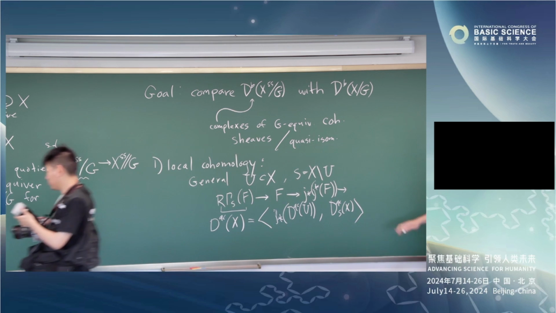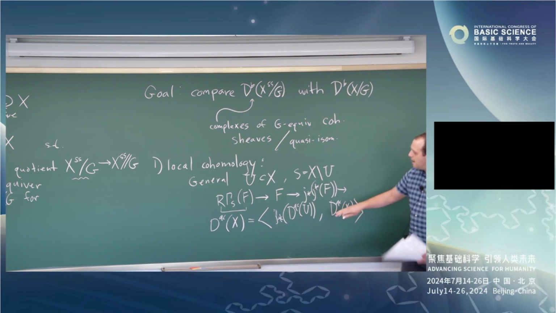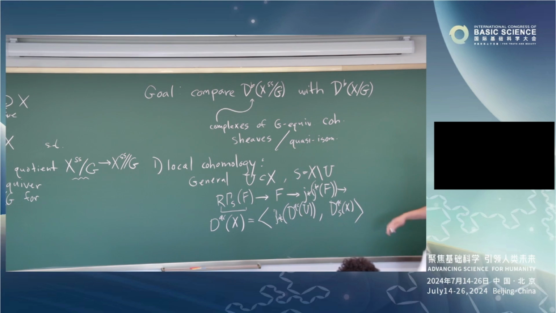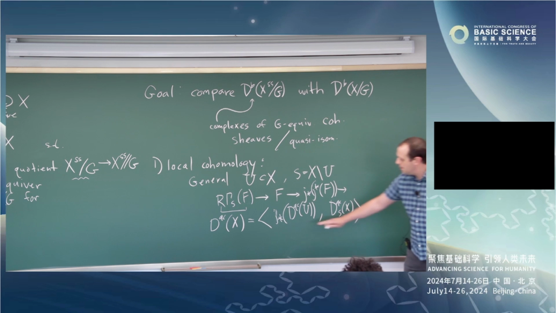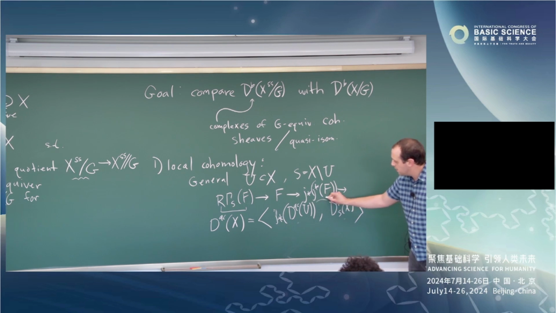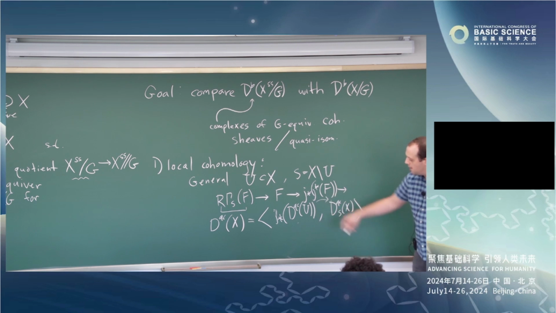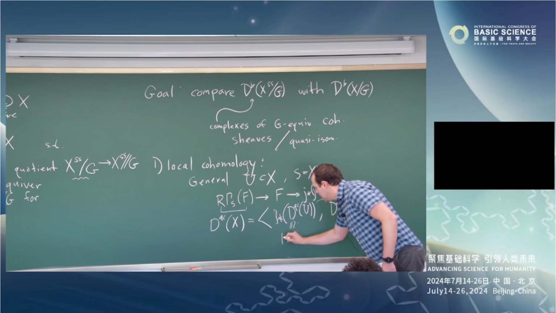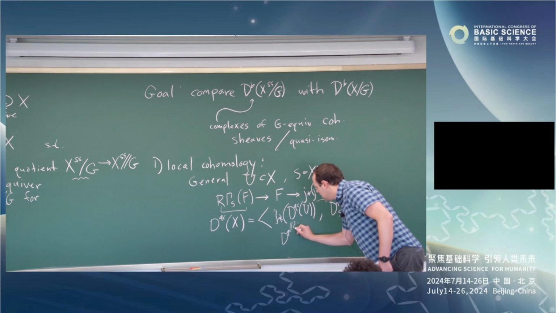What this notation is saying is that every object in my big category here can be written as a functorial extension of an object here by an object here. And furthermore, it's saying that Homs only go this way. So there are no R Homs in the other direction. And furthermore, this is actually equivalent to DQC of U itself.